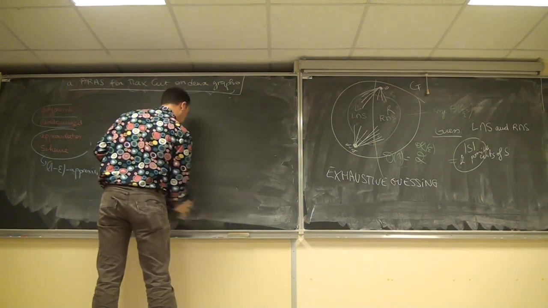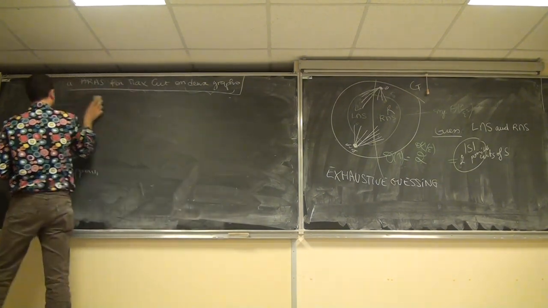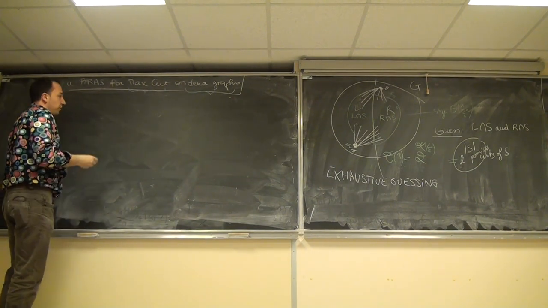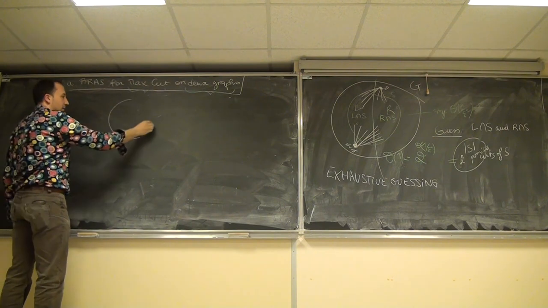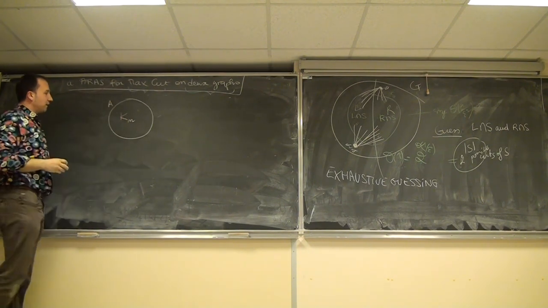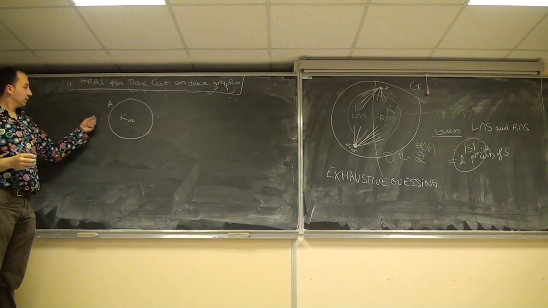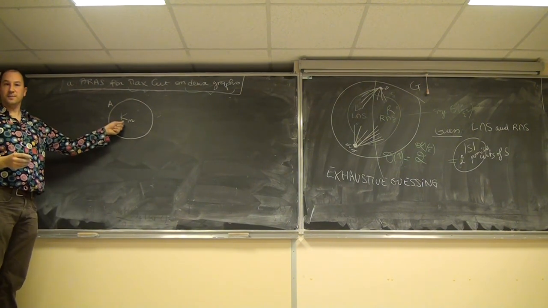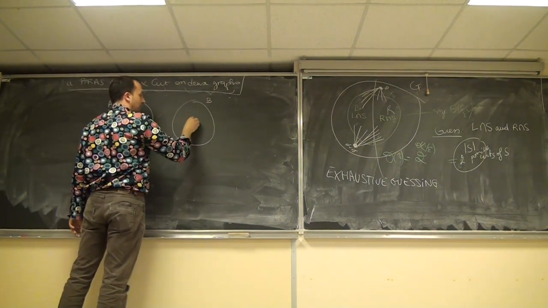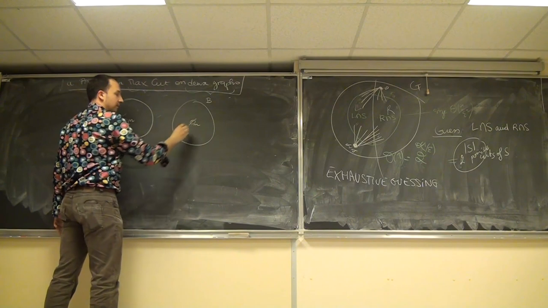So let's see on an example whether it's a good idea or not. Let's consider the following graph. This graph has 4 parts. A, which is a clique of size n. B, which is the empty graph of size n.